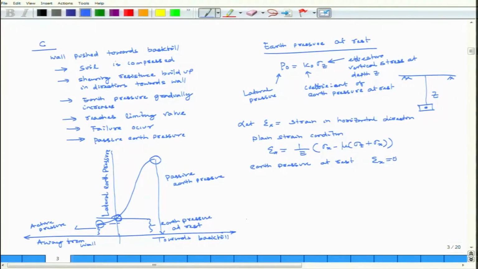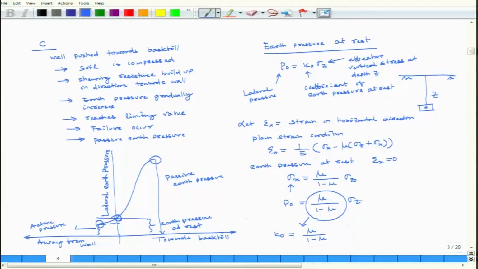epsilon x is equal to 0, then in this case sigma x is equal to mu by 1 minus mu sigma z. So, sigma x is the lateral earth pressure P0, which is equal to mu by 1 minus mu sigma z. Then this is nothing but your K0. K0 is equal to mu by 1 minus mu.